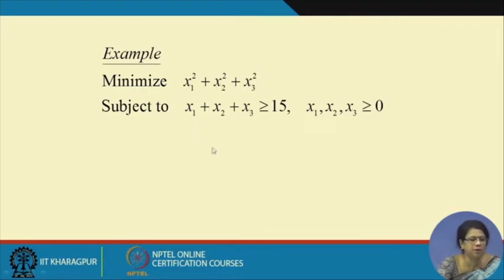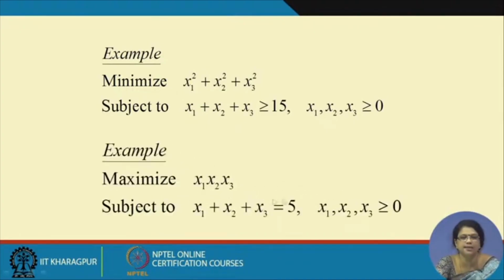Now, this separable programming problem we can handle in nonlinear programming, and it can also be handled using the dynamic programming technique. But if you look at another example, this is not separable, because we cannot write the objective function as a summation of f_i(x_i). The constraint is a separable function, but not the objective function. That is why this is not a separable programming problem.